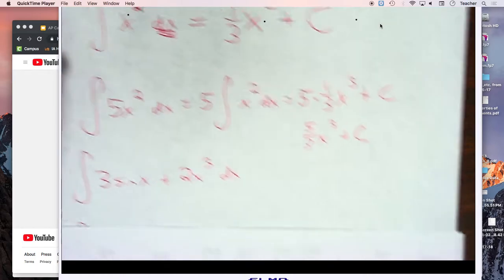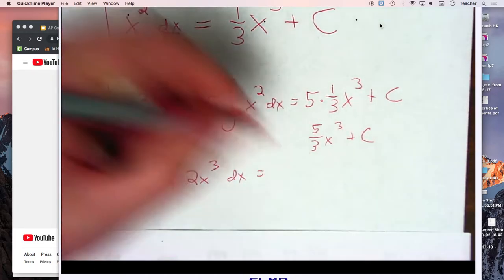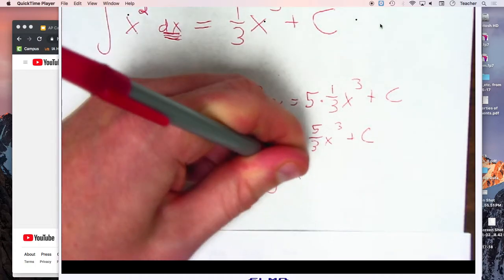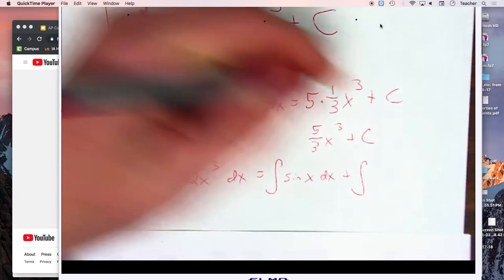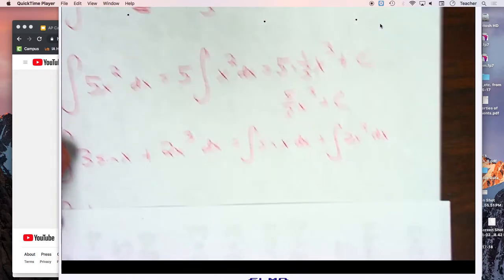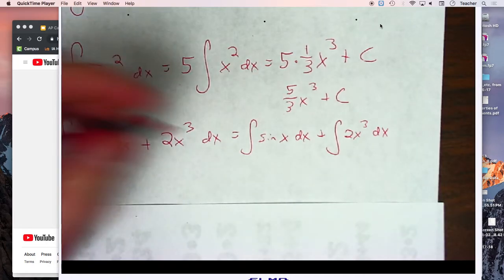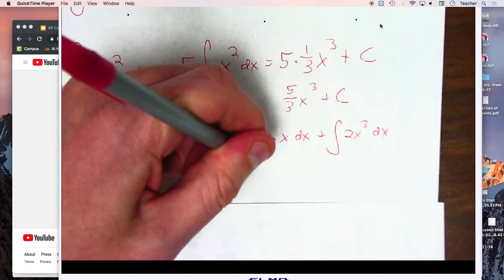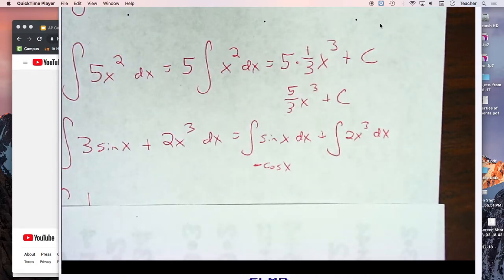Sometimes you'll also see things being added up inside an integral. Again, once you get the hang of this, you don't need to write this out so explicitly, but the rules of integrals do allow you to break this into two separate integrals. What has a derivative of sine? You have to be careful here. What has a derivative of sine is negative cosine, so that negative is important.